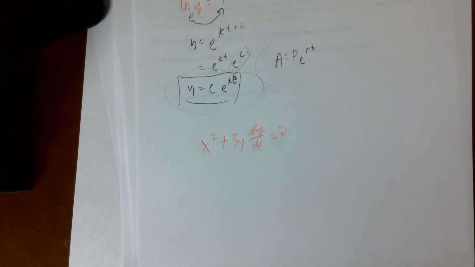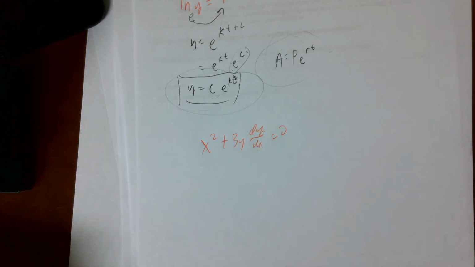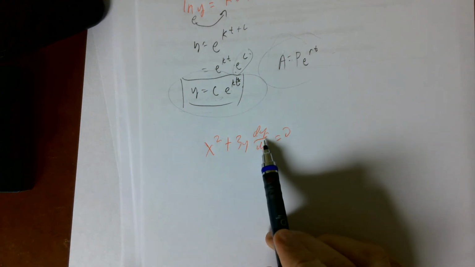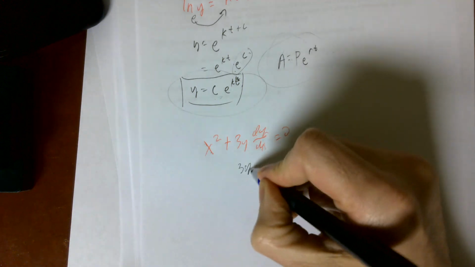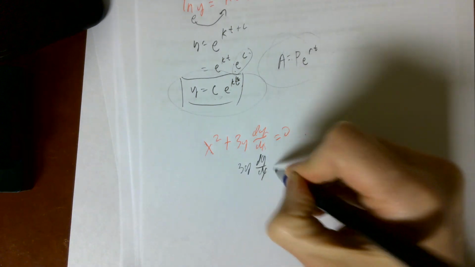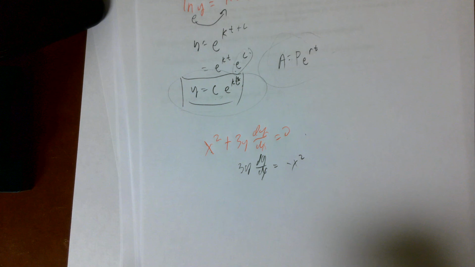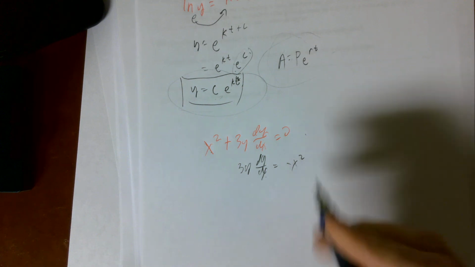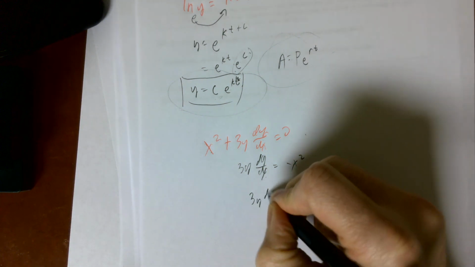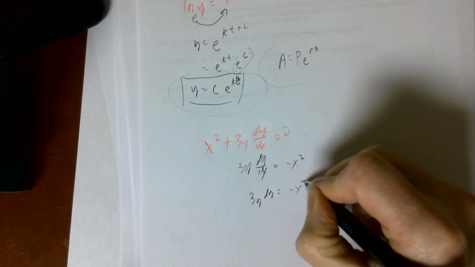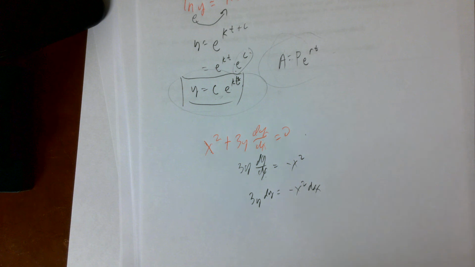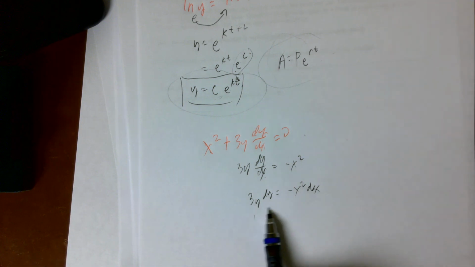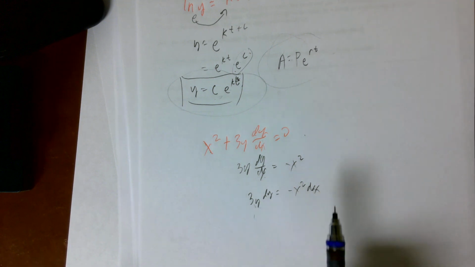Like you said, I want the y's on the left and the x's on the right. Well, I guess I have shown you how to deal with it. I got most of the y's on the left. So if I move this x squared over, that's going to give me 3y dy dx is equal to negative x squared. And then I guess all I have to do is multiply both sides by dx, so I end up with 3y dy is equal to negative x squared dx. Right. No matter what you're given, you still want to make sure you get all the y's on the left and the x's on the right.